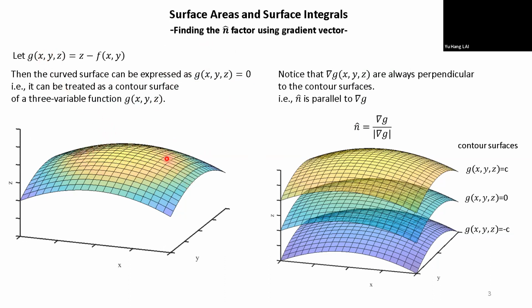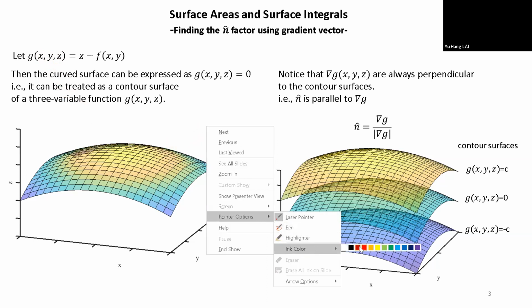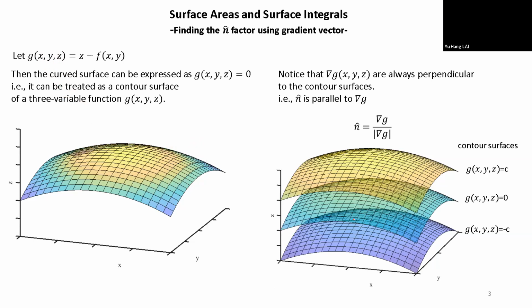Remember that when I take the gradient of a function, the gradient vector is always perpendicular to the contour surface. That's exactly what we want. We want to find the normal vector, the vector that is perpendicular to the surface.